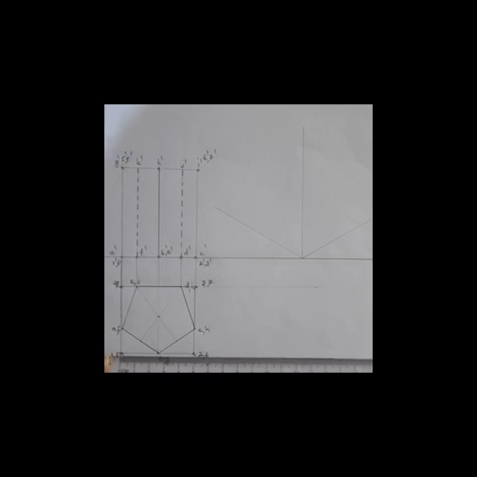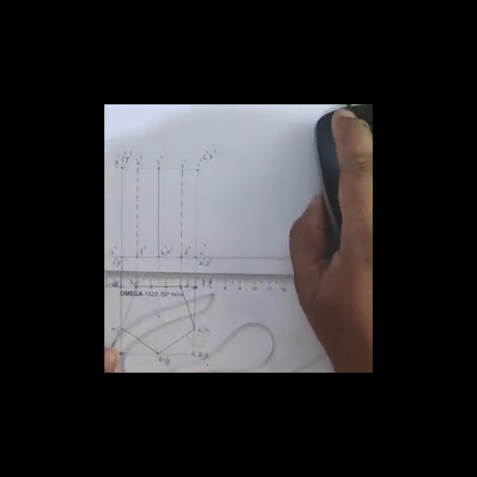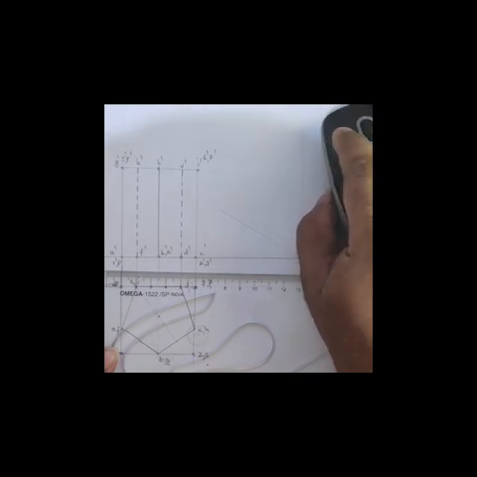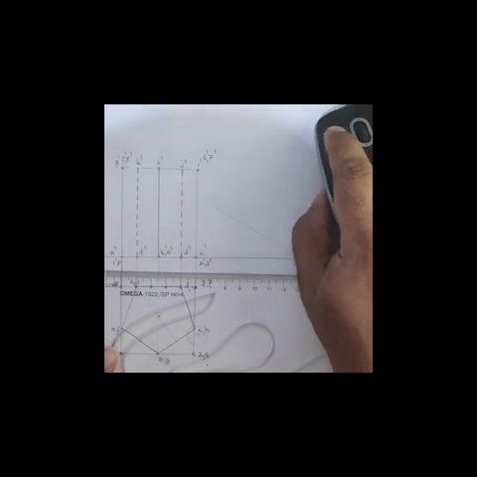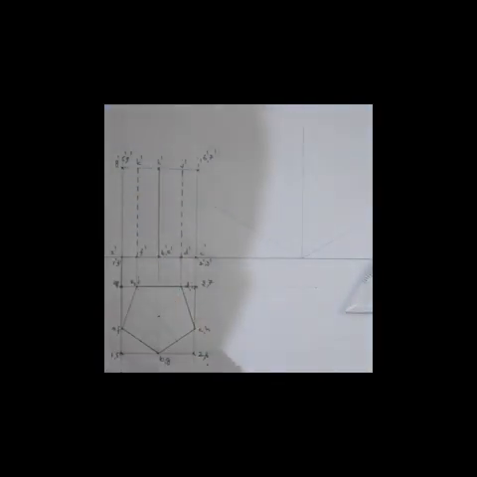While measuring this dimension 1, 2, I got 50 mm, and I have to take the isometric scale of 50, that is 50 multiplied by 0.816, which is equal to 40.8.